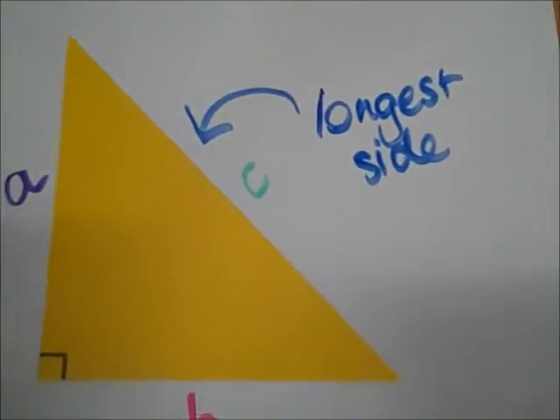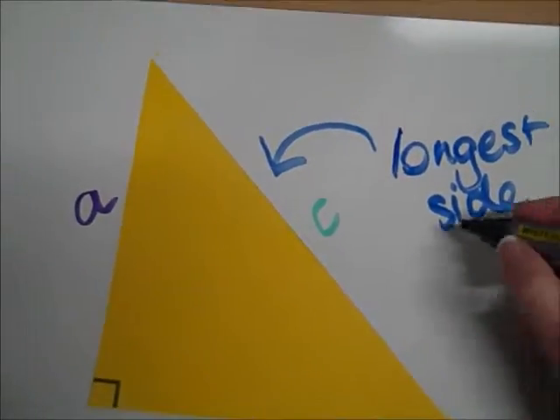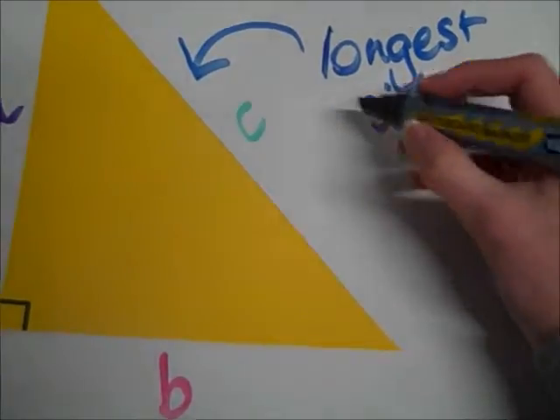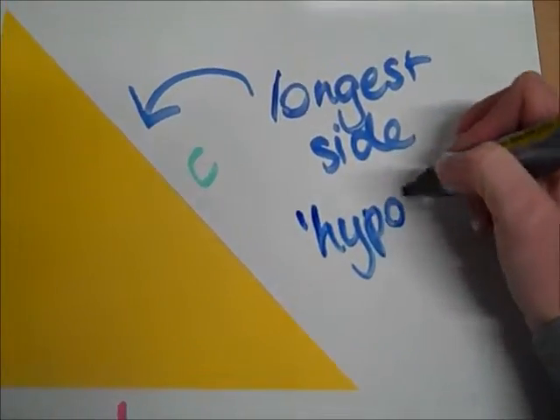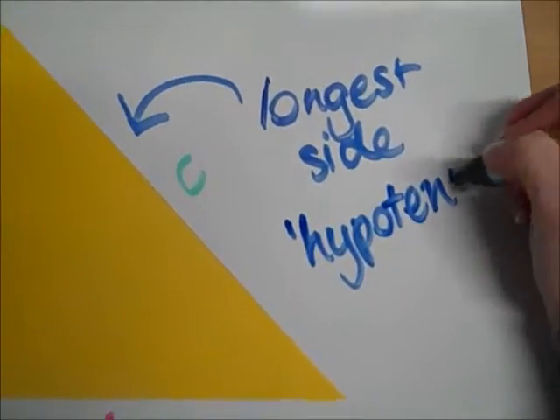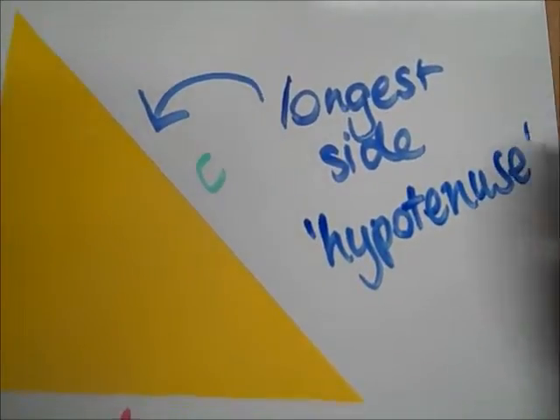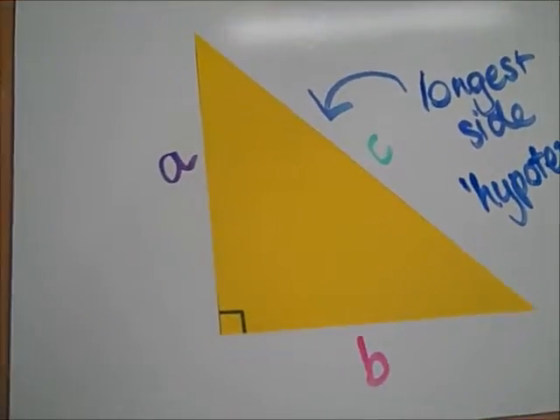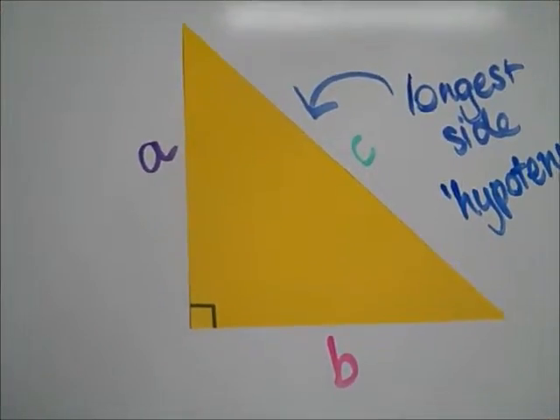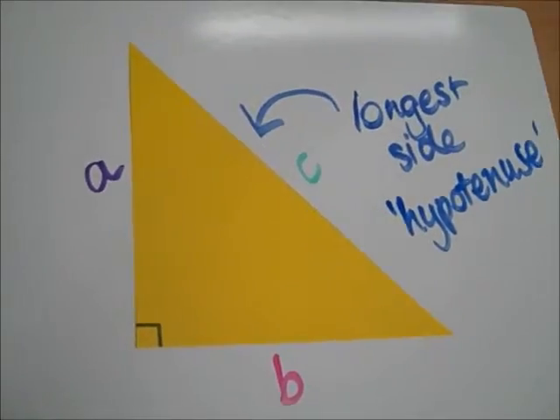But he also created a fancier name for the longest side of the triangle, which you might have already heard of. It's called the hypotenuse. The other two sides, a and b, are simply the remaining shorter sides of the right-angled triangle.